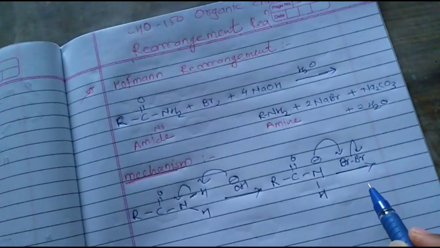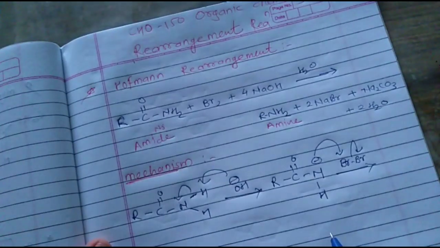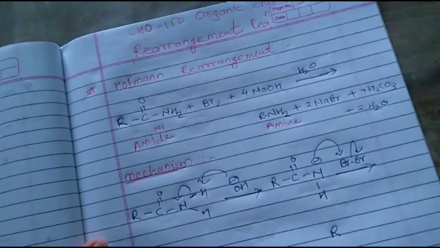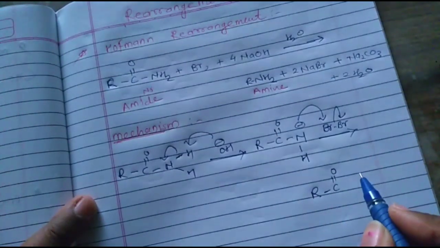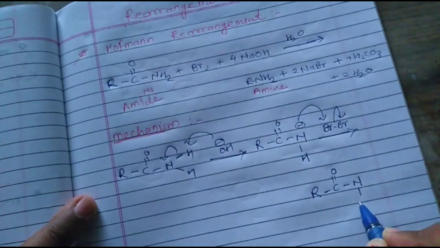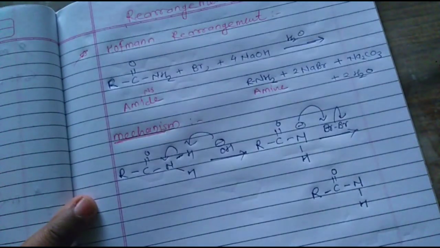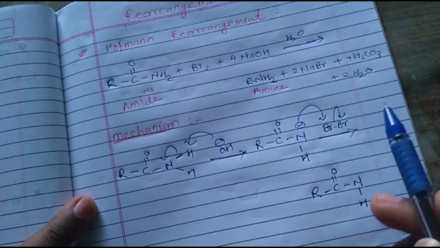What will be the product? The product is R C double bond O, with the nitrogen already bonded to a hydrogen, and this nitrogen attacks the bromine.